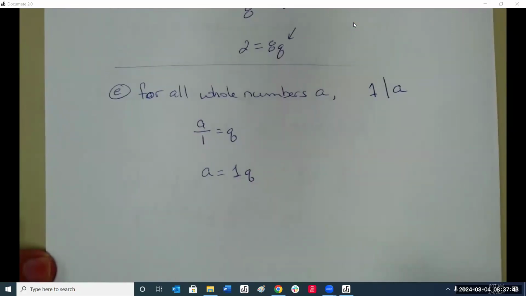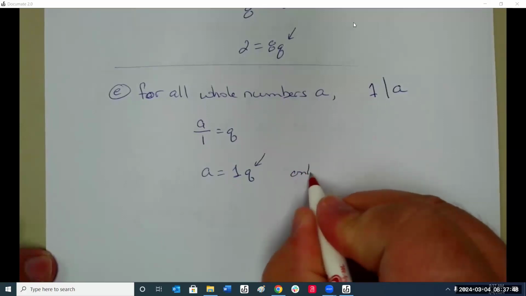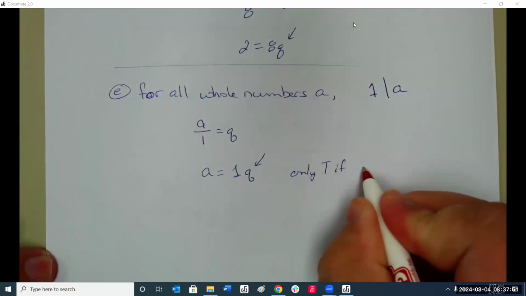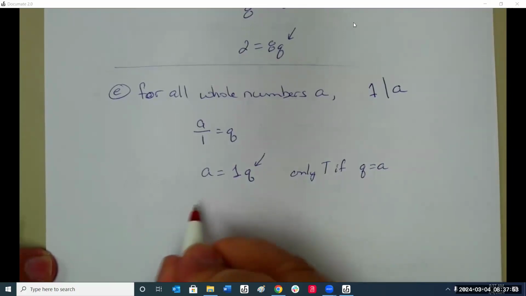So when is this true? Remember, this has to be unique. Only true if Q is equal to A.